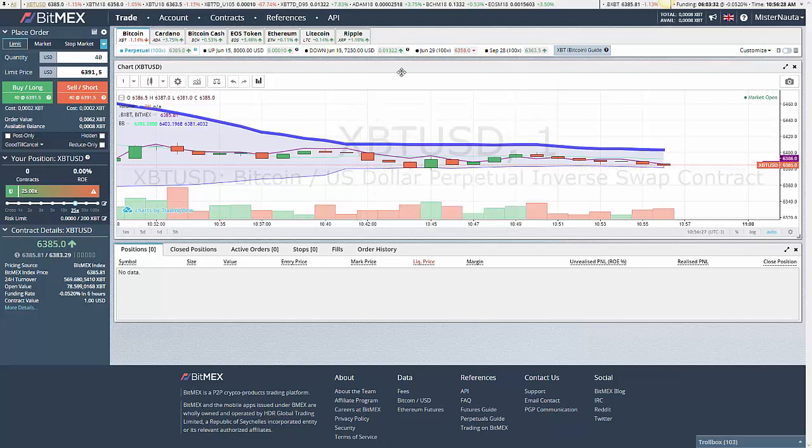What are Bollinger Bands? They are two bands, upper and lower band, that are calculated based on standard deviation from the coin price, normally from the last 20 measures.